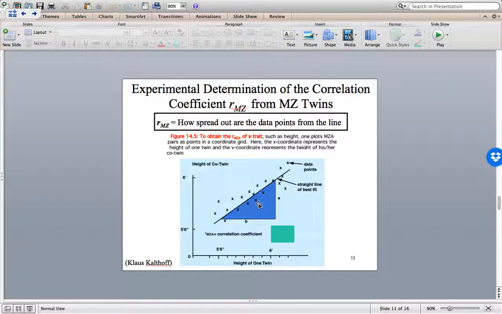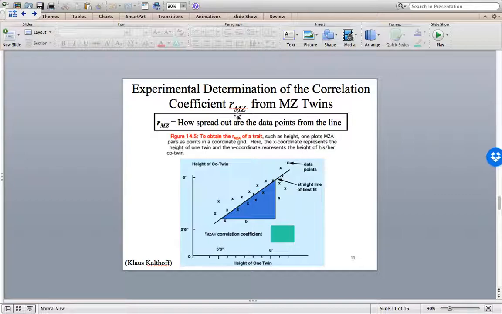The degree to which the data points lie on the line versus being scattered is called the correlation coefficient and is denoted by the variable r. And in this case, it's r sub mz for monozygotic.